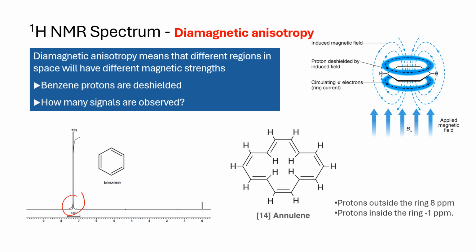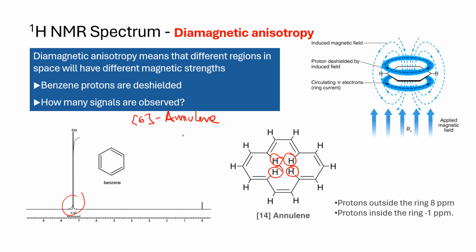In benzene, remember, we also call that 6 annulene, and this right here is 14 annulene, indicating the number of carbon atoms. What is important is that the atoms in the middle feel much less deshielding because of the lines here that we have on the magnetic field.